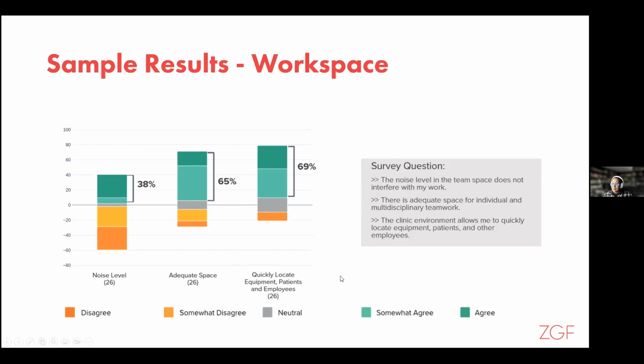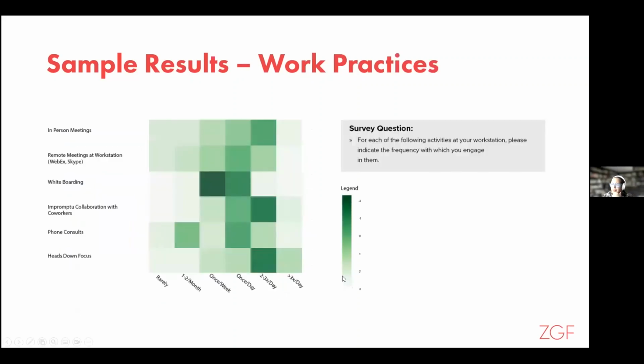So examples again could be on how satisfied versus how dissatisfied they are, how much they agree versus disagree. This is a frequency chart, and so this is about trying to understand how often they participated in these different types of activities at their workstation. So how often did they have in-person meetings, remote meetings, whiteboarding, impromptu collaboration with coworkers, phone consults, comfort, focus.